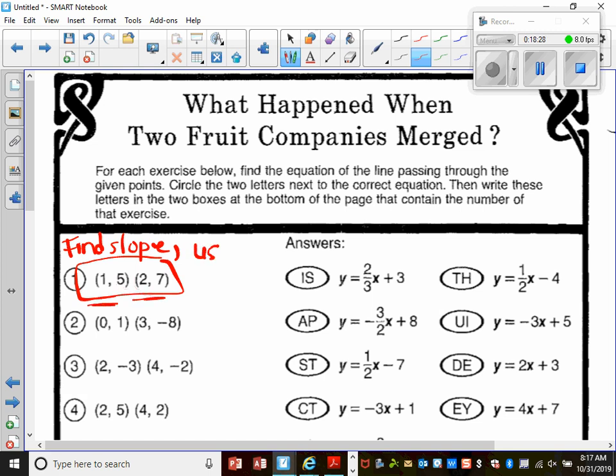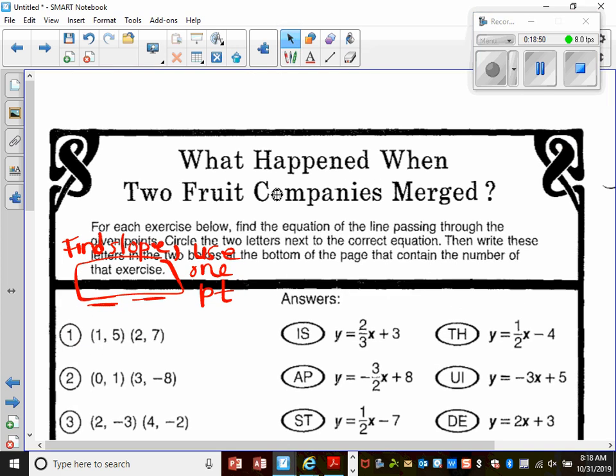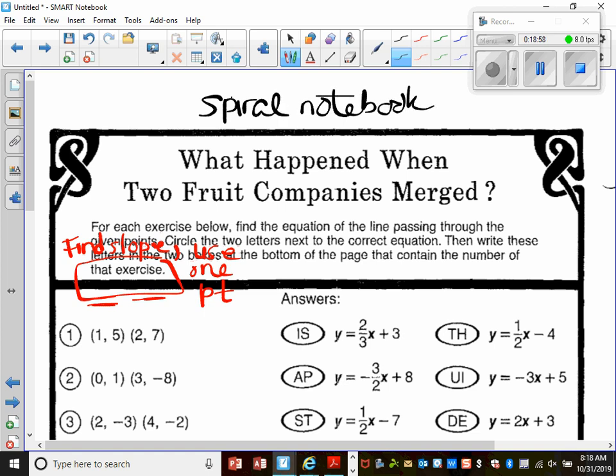So I'm just going to say use 1 point. You're going to use that 1 point to put it into point slope form and then solve it for y. So you only need to write 1 point into point slope form. Yes, so this is the second page that needs to be done in your spiral notebook. So please write spiral notebook.